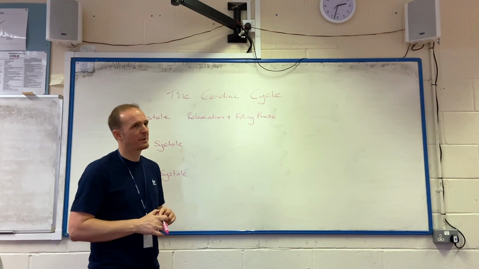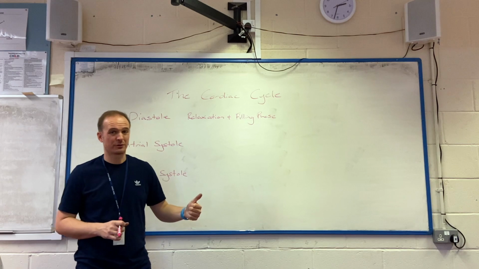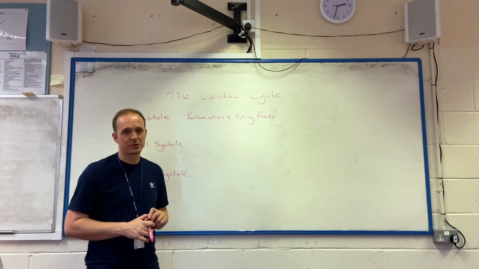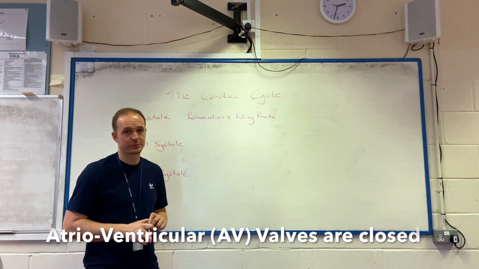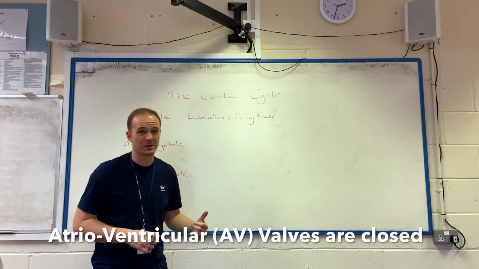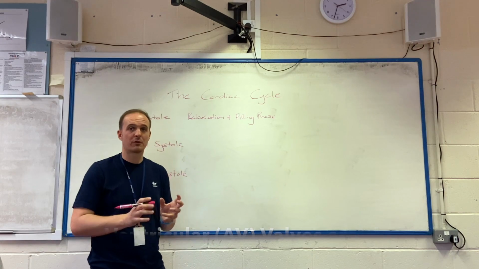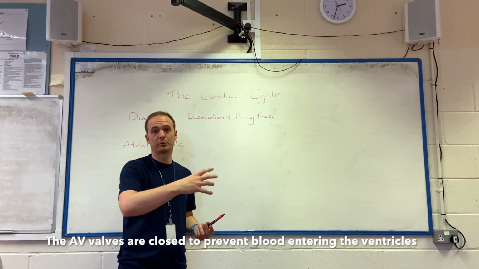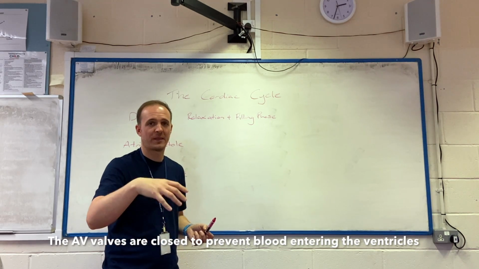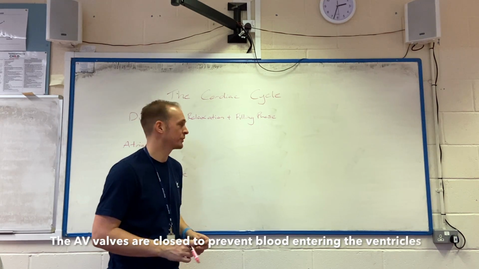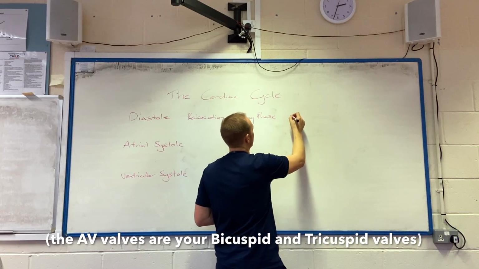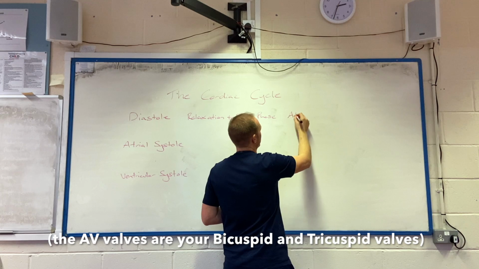Things to remember during this phase: the atria fill with blood, and the atrio-ventricular valves, the valves between the atria and the ventricles, your bicuspid and your tricuspid valve, remain closed. They have to be closed because if they weren't, blood would flow into the atria and then just go straight down into the ventricles.